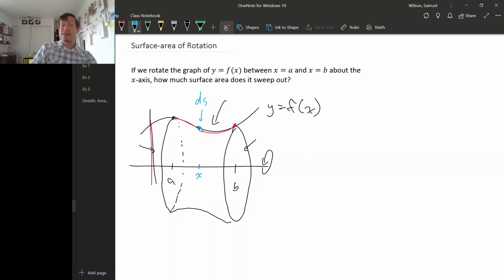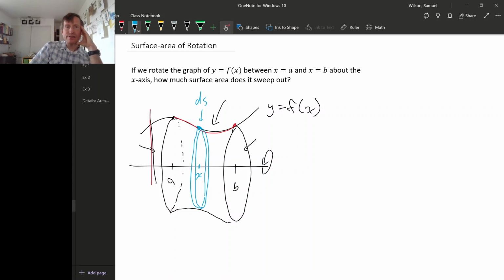When this little chunk of arc length gets rotated around the x-axis, it sweeps out this very thin band of area, something like this. It's a little hard to draw because it's so thin.